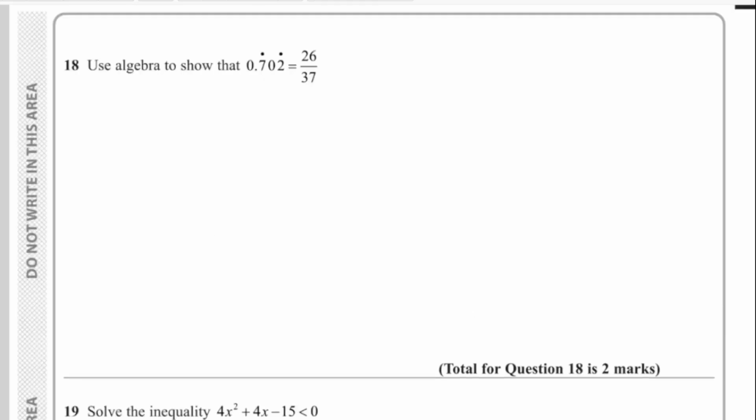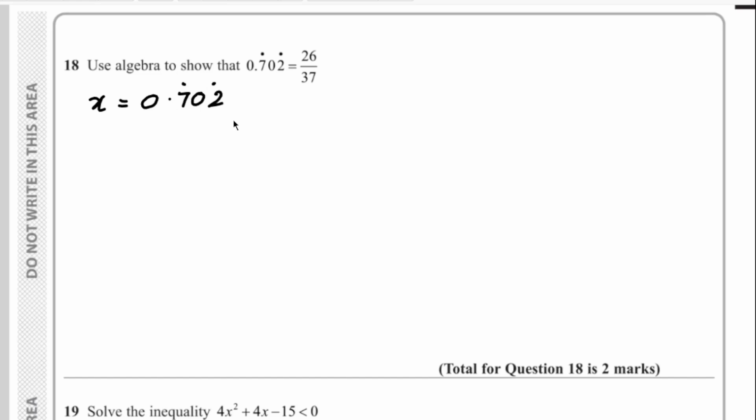Question 18. Recurring decimals into fractions. So, first step, let's equate this one to x. Then I'm getting one equation. So x equals 0.702 recurring. The whole set recurs here.